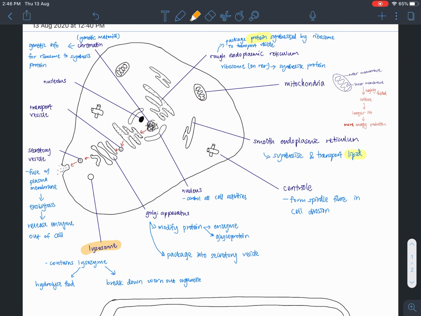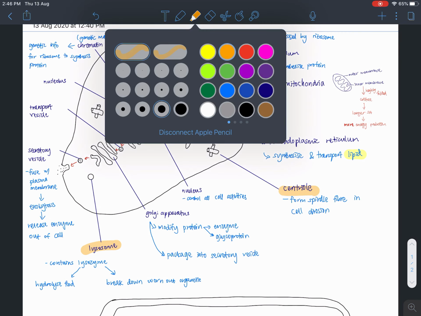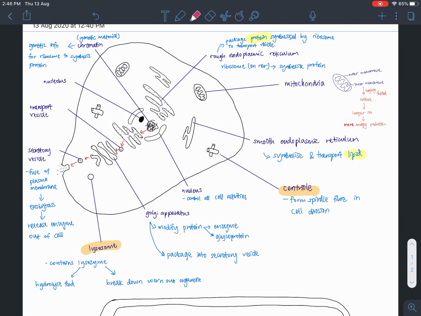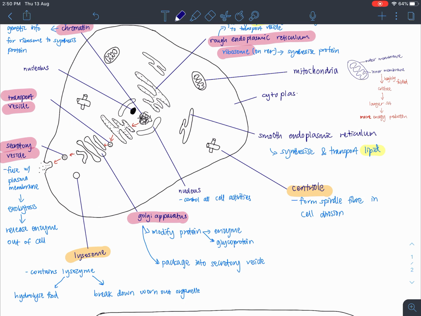Highlight those which you only find in animal cells: lysosome and centriole. And highlight those which are responsible for enzyme production: chromatin, or also nucleus, because the nucleus contains the genetic material to produce the genetic information for ribosomes to synthesize protein, the ribosome or RER, the RER itself, then the transport vesicle, Golgi apparatus, secretory vesicle, cytoplasm.